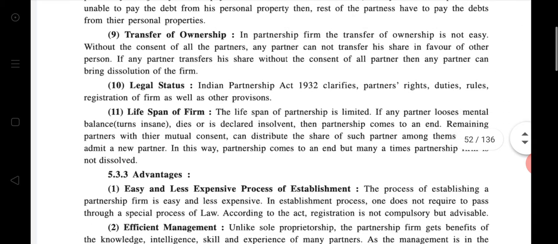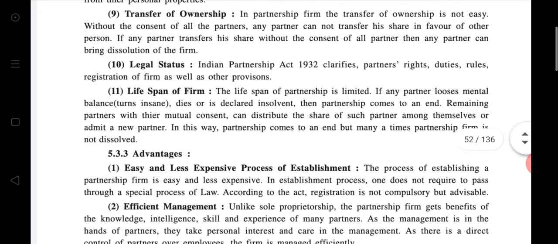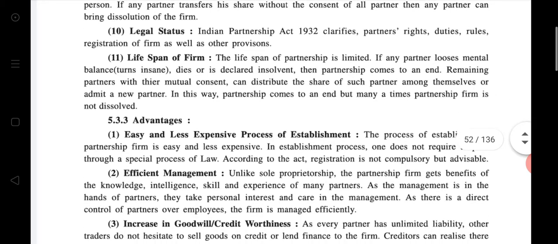Then transfer of ownership is not easy, because for transferring ownership you must take the consent of all the partners; without the consent of all the partners, no partner can transfer his share in favor of another. So it is not very easy. Then legal status: rights, duties, rules, registration as well as other provisions.